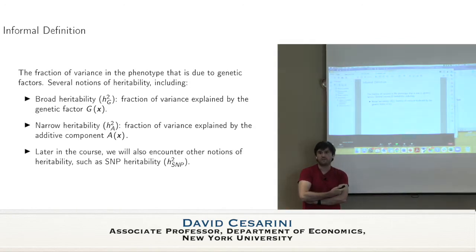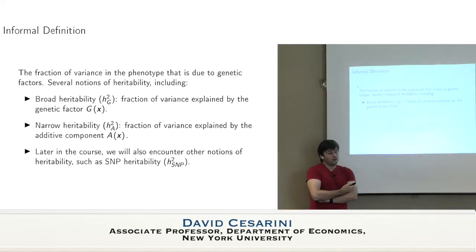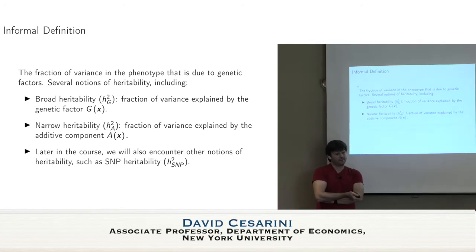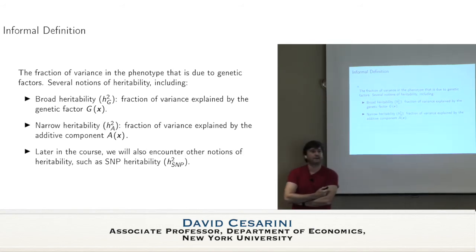Broad heritability is about the variance of this genetic factor as a whole, so the best predictor, relative to the phenotypic variance. Narrow heritability is about the variance of the additive component of the genetic factor. Okay? And there are good reasons to care about both of these things. It really depends on what your research question is.